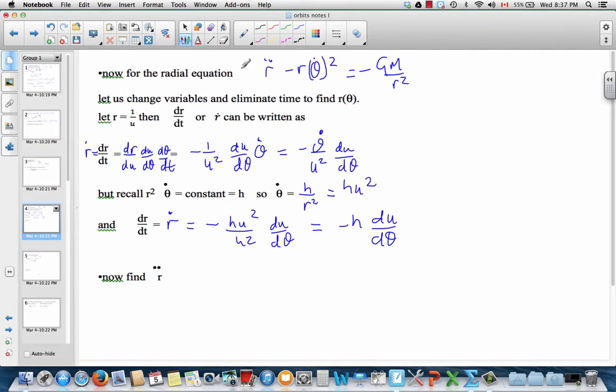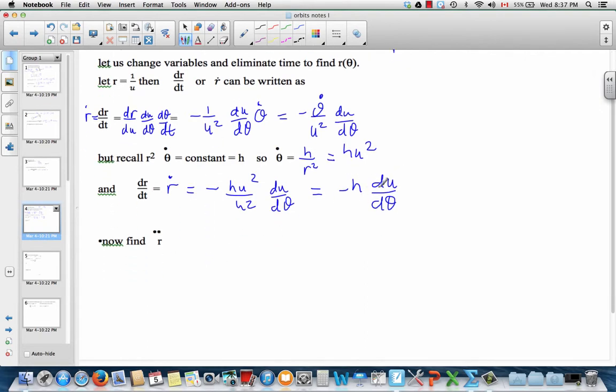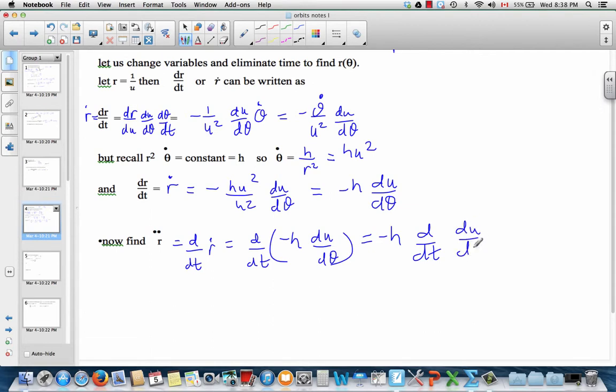Now, of course, what I want to substitute into my equation is r double dot. That means I need to do a second derivative. I need to ddt this expression that we just found. Now, h is a constant, so it just gets pulled out. And now I need to ddt du d theta.